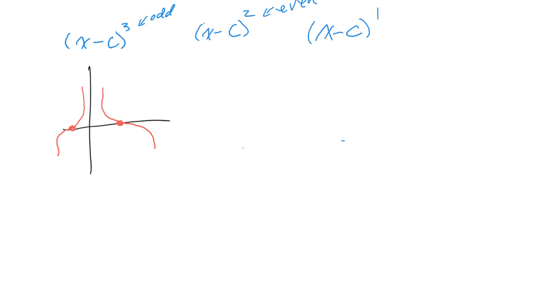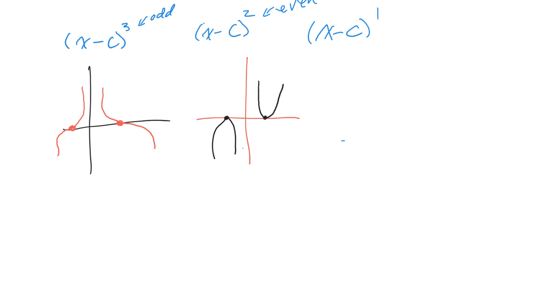If it is an even power on the exponent, the graph literally comes down near the point and bounces back up. The same if the point is coming from underneath.